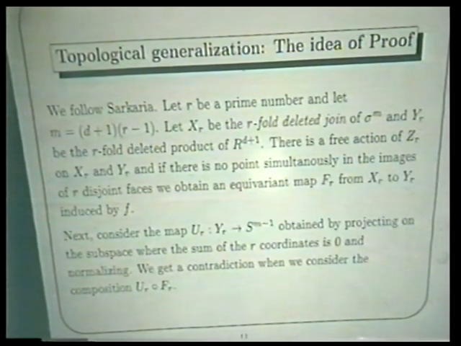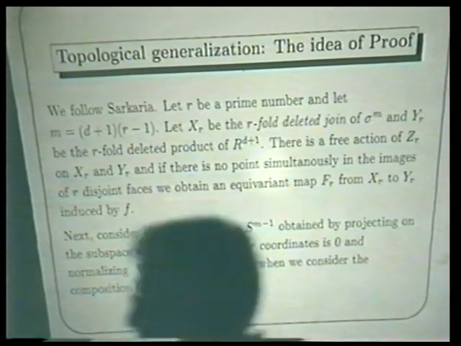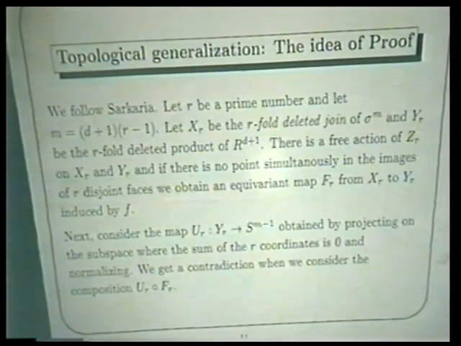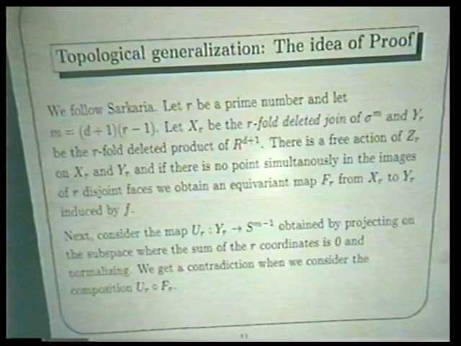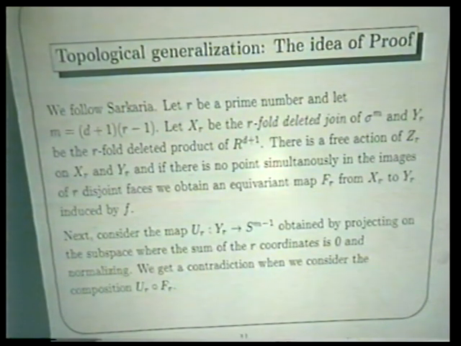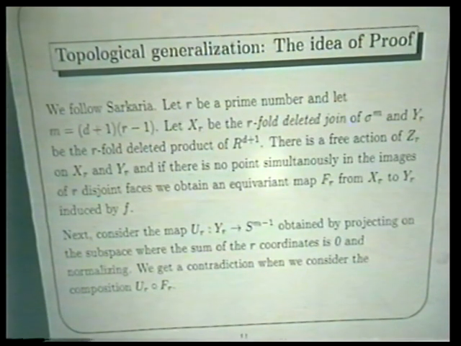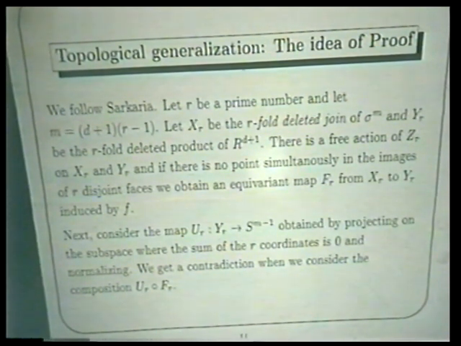So what happens when you do this, and this is just the idea, you get an equivariant map from the space X_r, which is highly connected, to the sphere, and this is impossible by a not so difficult theorem in topology.